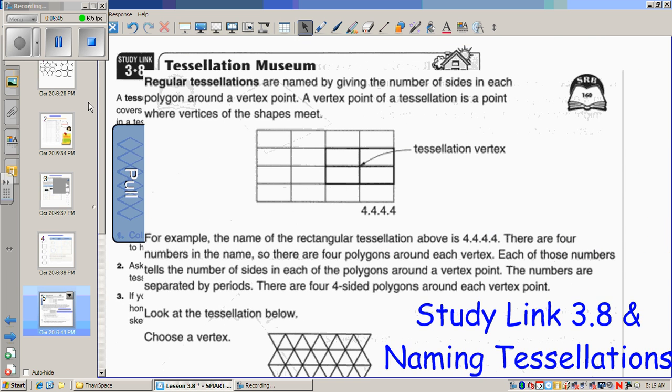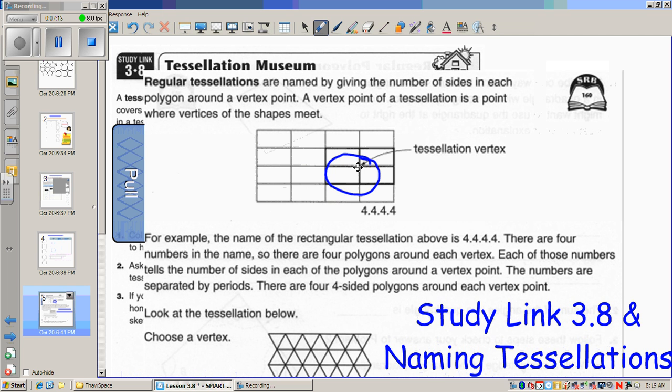Okay, here we go. Regular tessellations are named by giving the number of sides in each polygon around a vertex point. A vertex point of a tessellation is a point where vertices of the shape meet. So right here in the center is what they're talking about, and we talked about that because I showed you when I divided up that circle that we could make the 4 right angles.